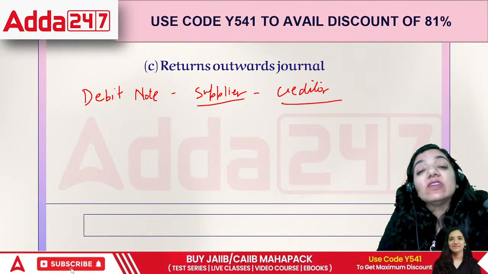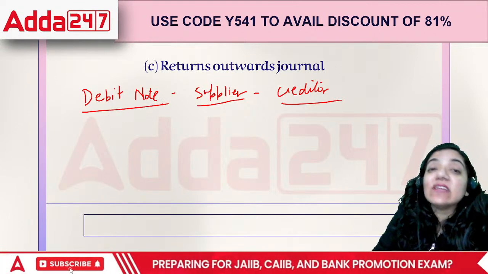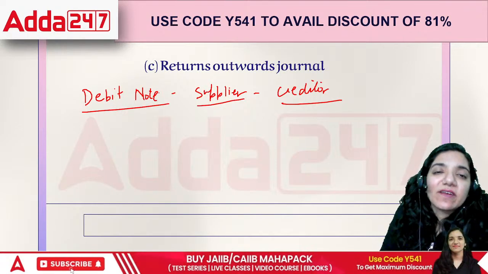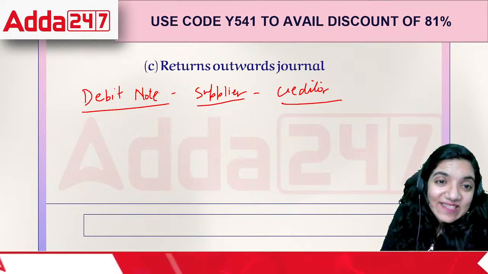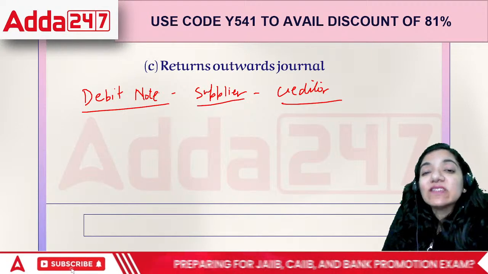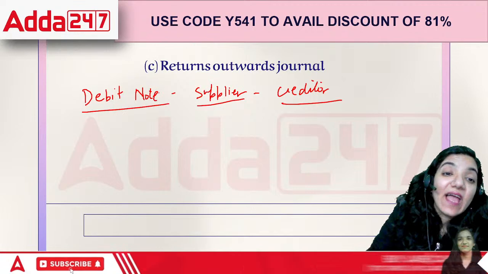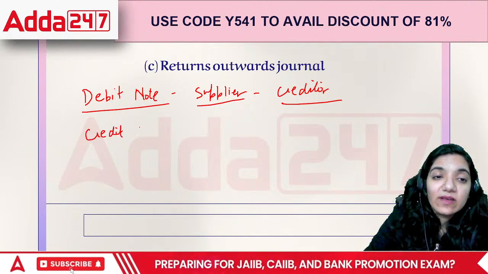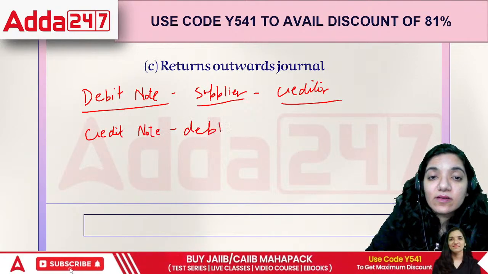In our books he was a creditor. Now we'll be debiting him because we do not like the goods he provided, so we will not pay him the exact amount. We'll be paying him a little less. So a debit note is given to the supplier who provided us the goods, and a credit note is issued in terms of the debtor.